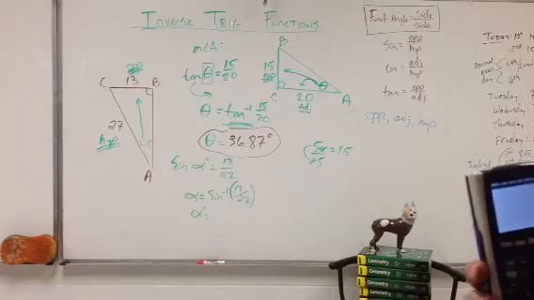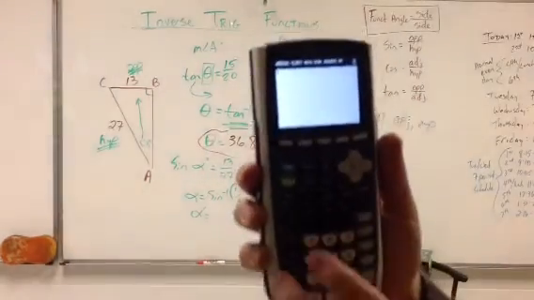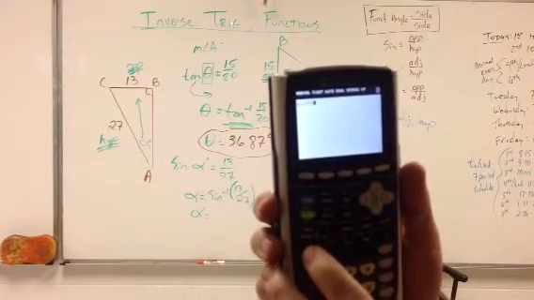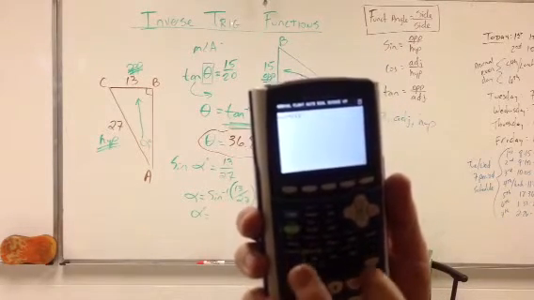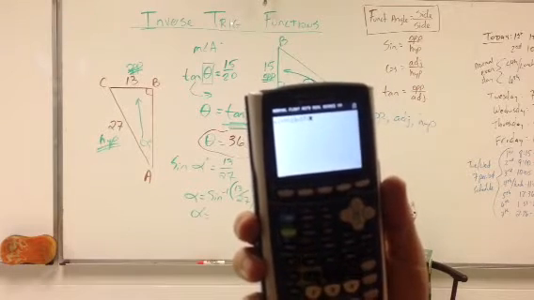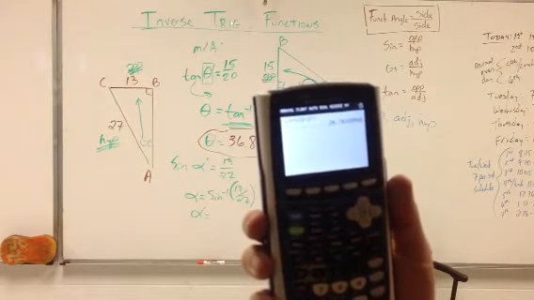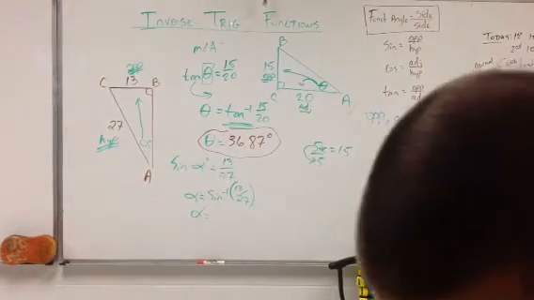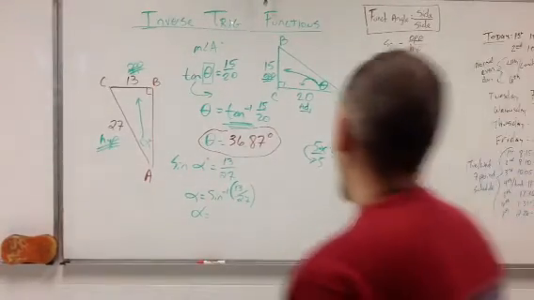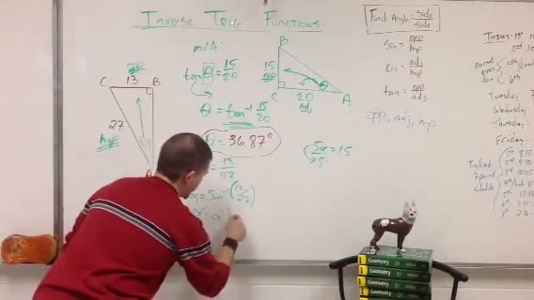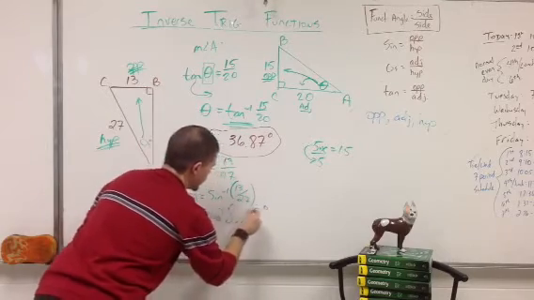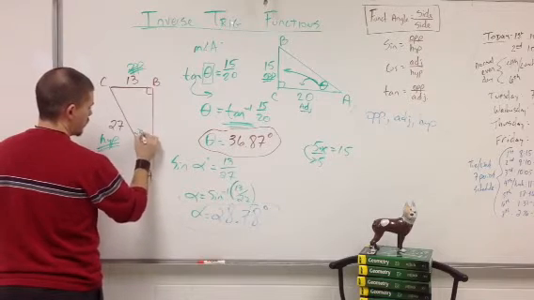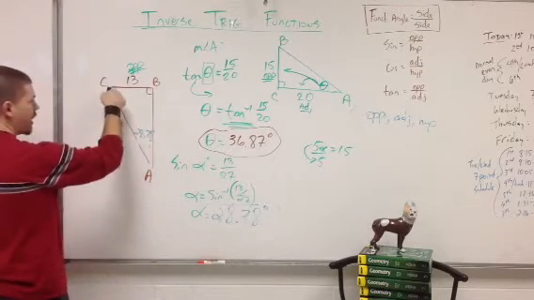So again, one more time: second, sine, and then I'm going to do 13 divided by 27, close the parentheses, and I get 28.78 degrees. And that's how I get it.